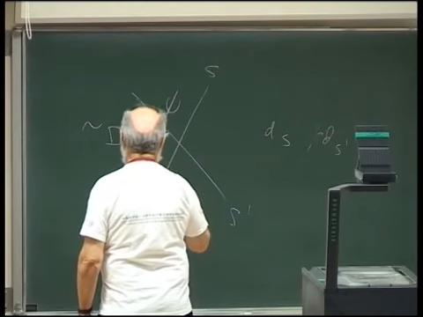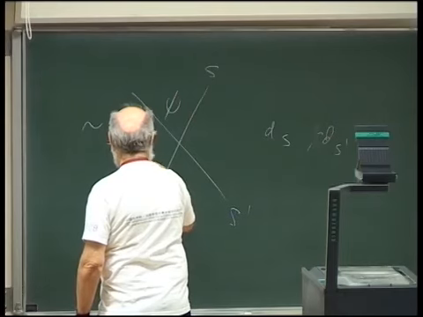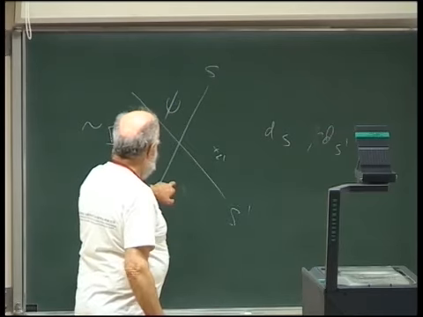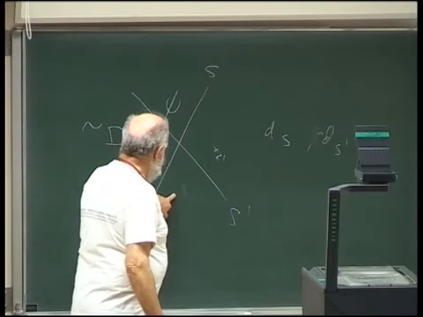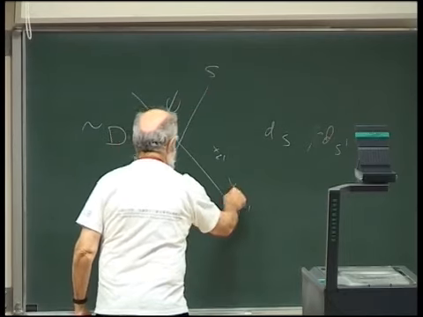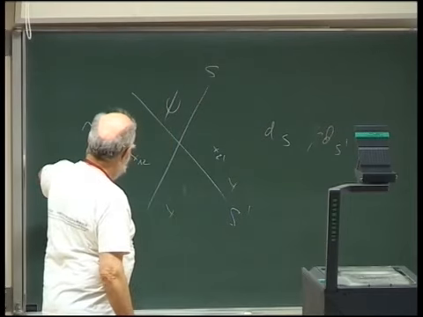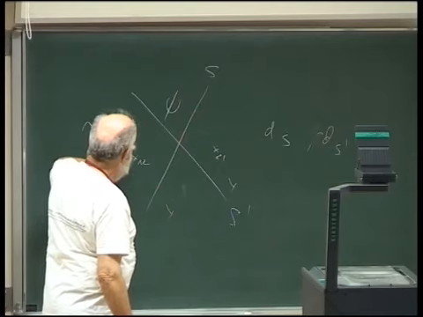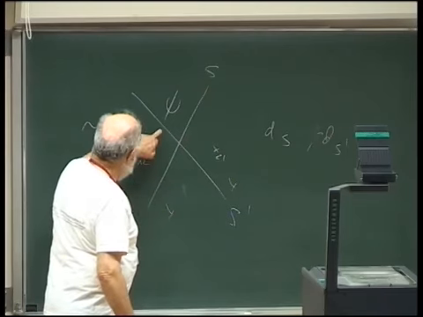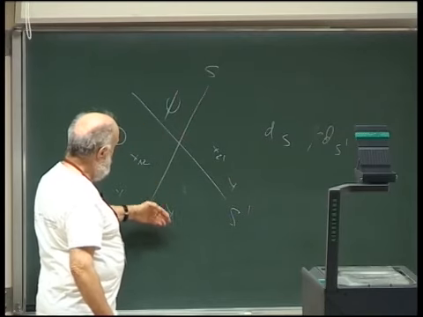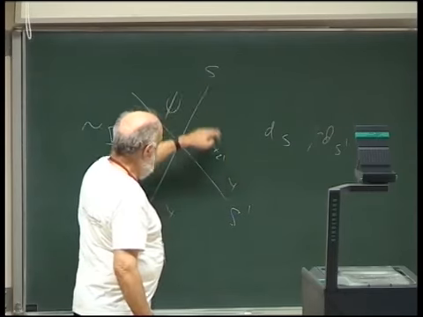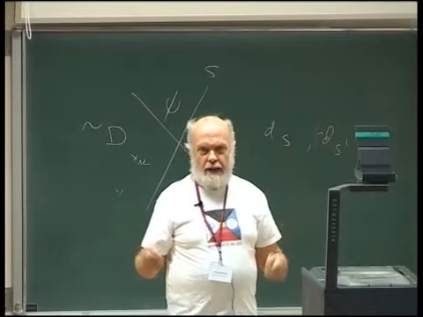You can have x_1,2 and x_2,1, and then from any point y anywhere, the distance from these points to this point is 0 relative to both metrics. The distance from this point to this point is 0 relative to S prime, because they are not separated by this. And the distance from this point to this is 0 relative to S, and so on. So you always find enough zeros among the distances.